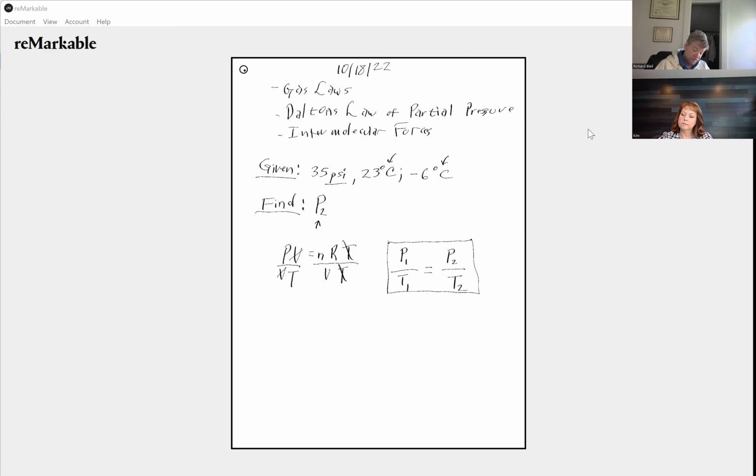And to convert from Celsius to Kelvin, just add 273.15 if you need the 0.15. We do not need 273.15 here, just 273, not 275. I'm a little tired today.